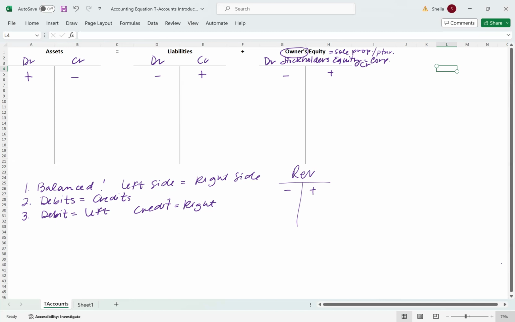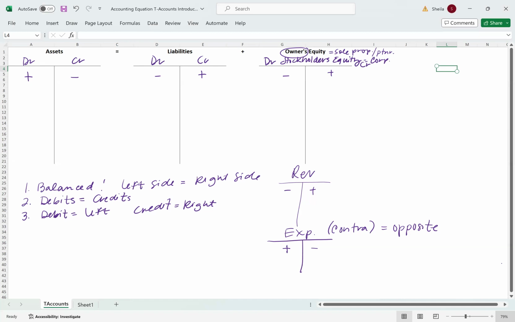Now, expense is a little different. Expense is also an equity, but it is a contra equity. What contra means is, I want you to think opposite. So expenses are actually increased by a debit and they are decreased by a credit.